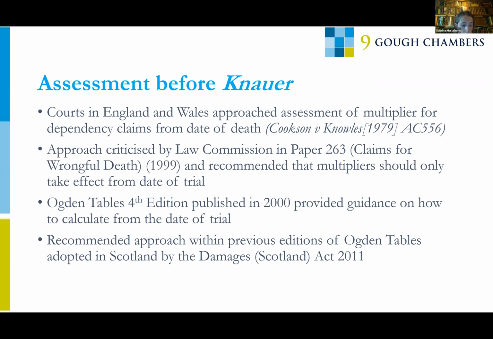The multiplier was fixed at the date of death, and then the period from the death to trial was deducted from the overall multiplier to give the multiplier to be adopted for future loss. The same discount rate was adopted for calculating multipliers as that applicable to personal injury claims by a surviving claimant.